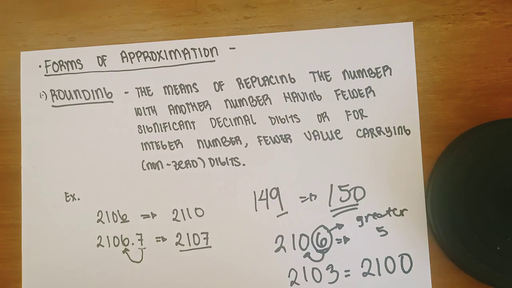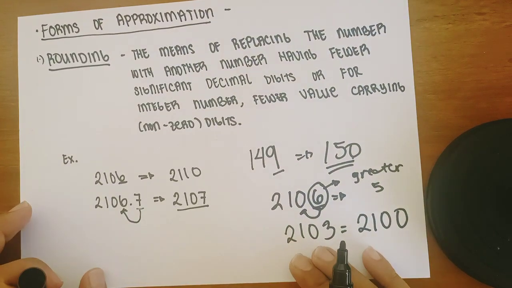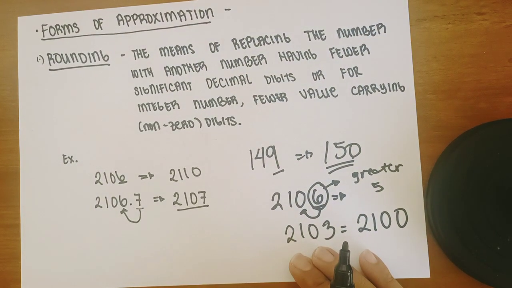To know more about rounding off, I suggest na mag-look pa kayo sa YouTube kasi meron pang mga ibang videos kung saan in-explain nila yung kasi ito lang pinaka-basic niya.